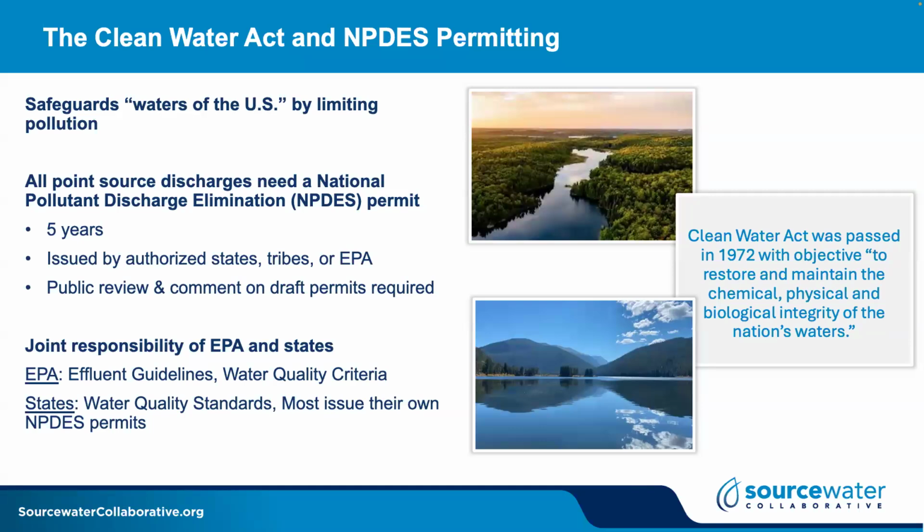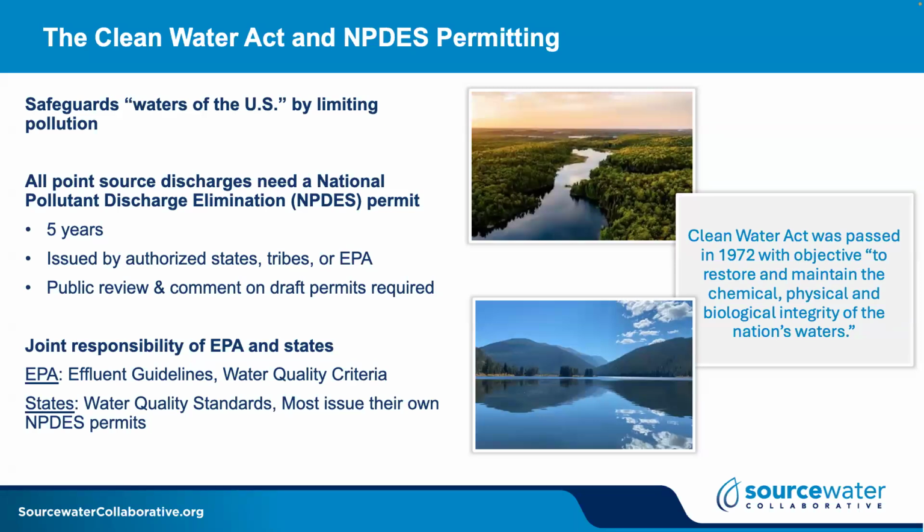And all point discharges need a NPDES permit. And these permits are authorized for 5 years, so they're supposed to be renewed every 5 years. Most permits are issued by states, but they can also be issued by tribes or in some cases EPA. It's important to know that all draft permits are required to have a public review and comment process.